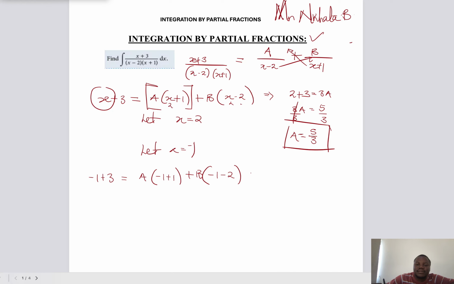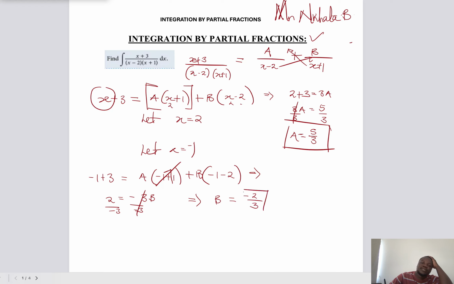If we do this, this would become 2 being equal to 0, because it will be 0 times A, plus negative 3 times B to give me negative 3B. And then I can divide by negative 3, implying that B is equal to negative 2 over 3.